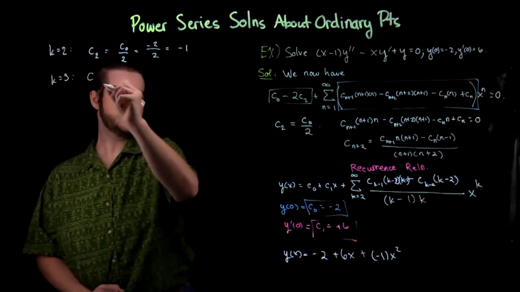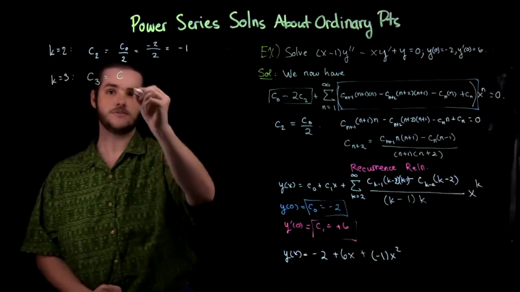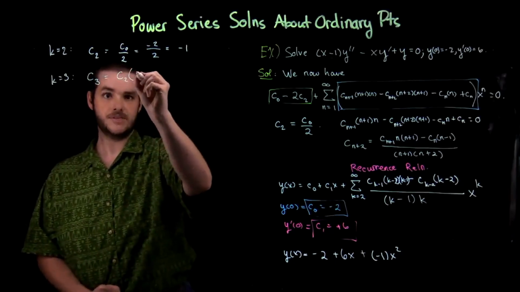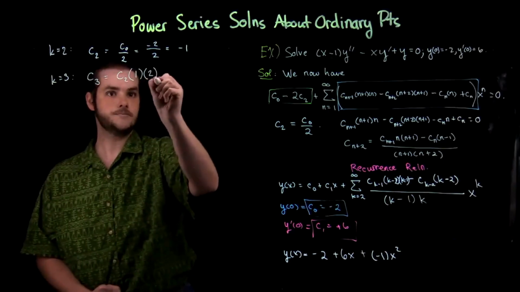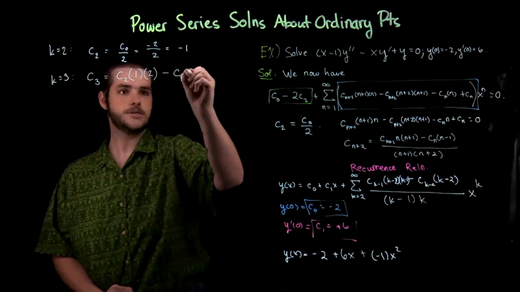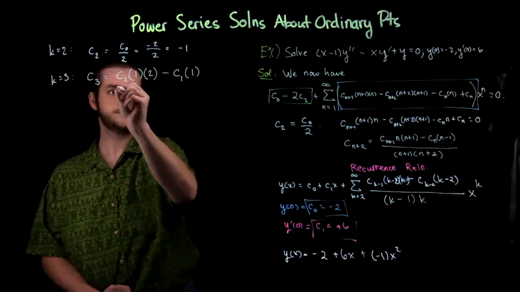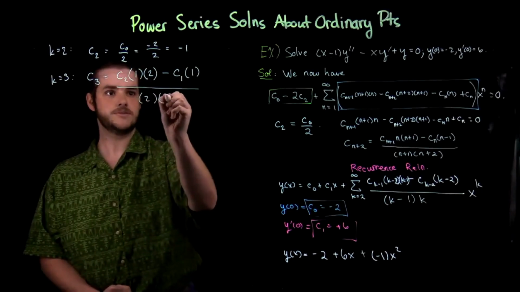c3 is c subscript 3 minus 1 times 3 minus 2 times 3 minus 1, minus c subscript 3 minus 2 times 3 minus 2, over 3 minus 1 times 3.